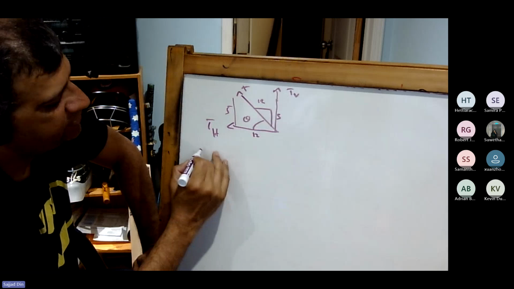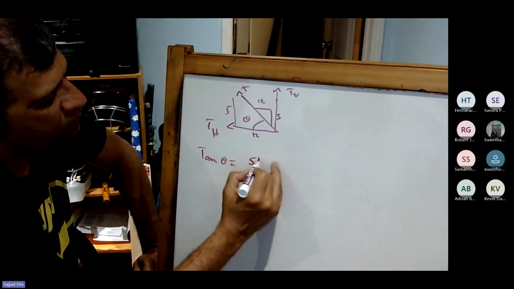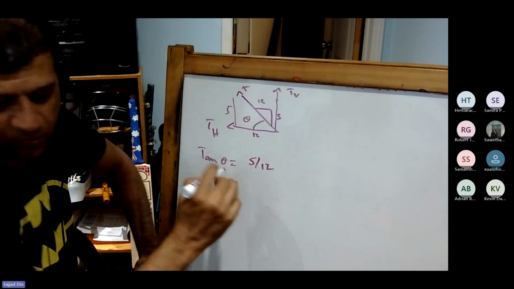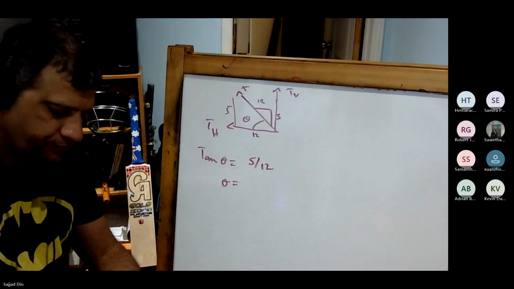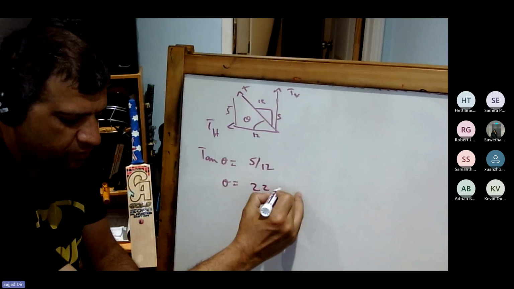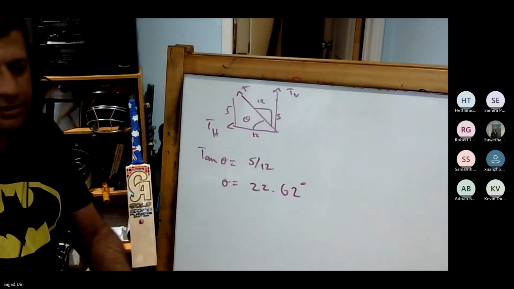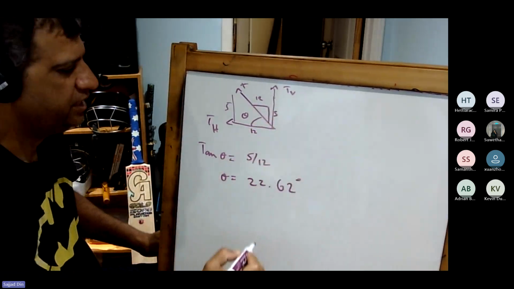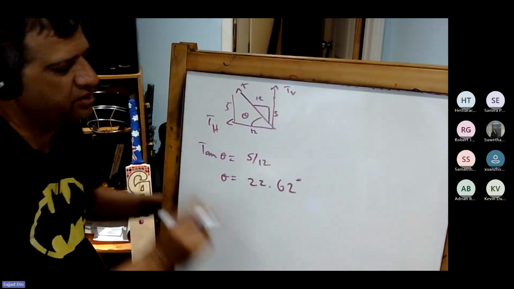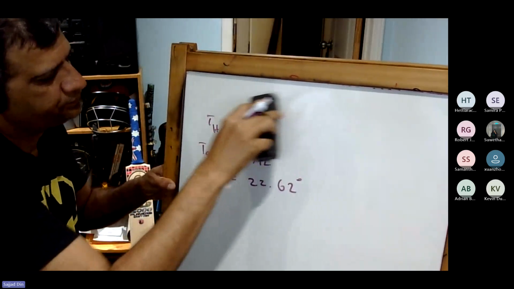So what that means is tangent of theta is equal to 5 over 12. So theta will be equal to 22.62 degrees. Okay. So let's now erase that and construct that again. 22.6 degrees.